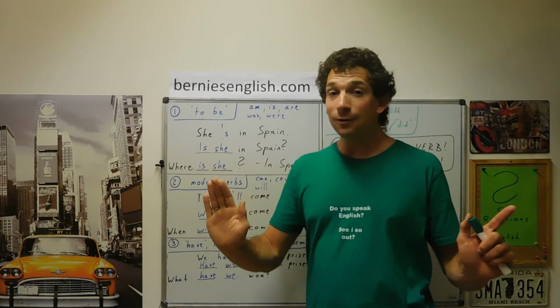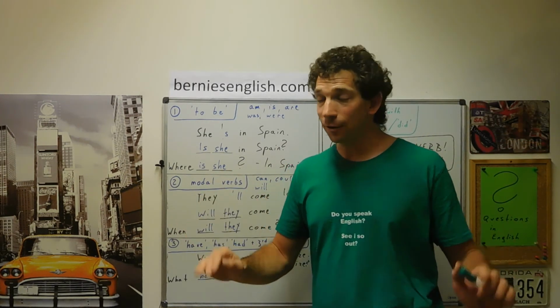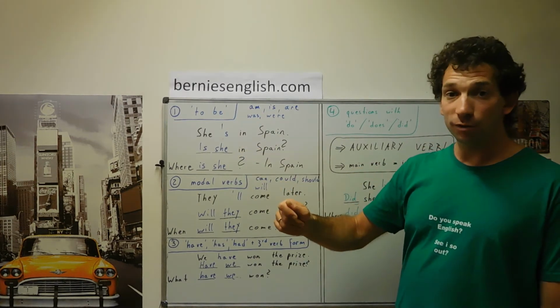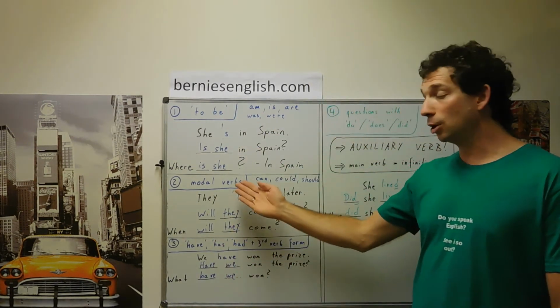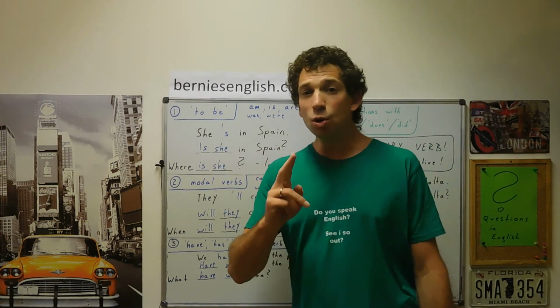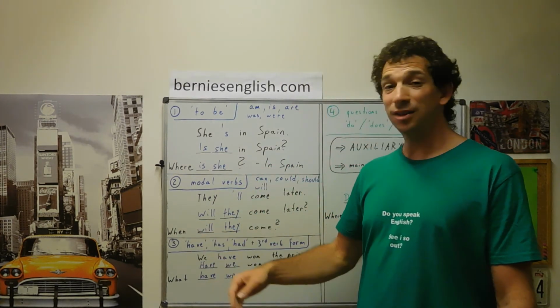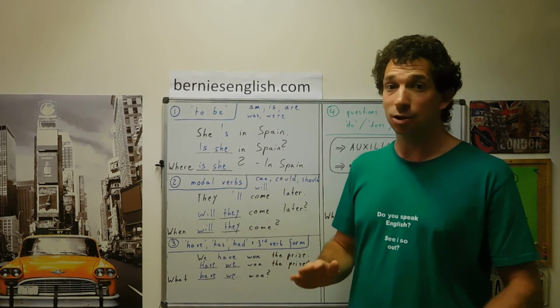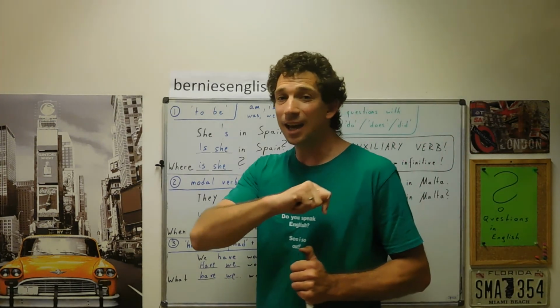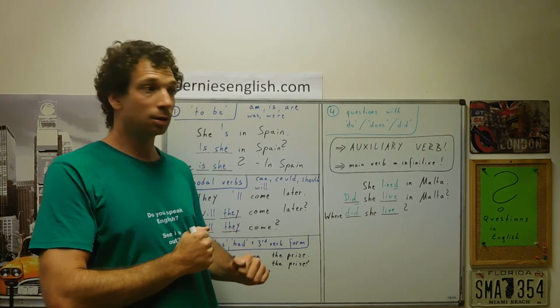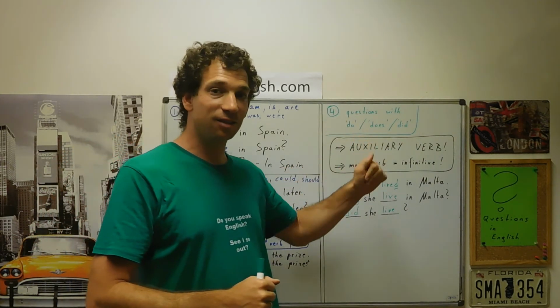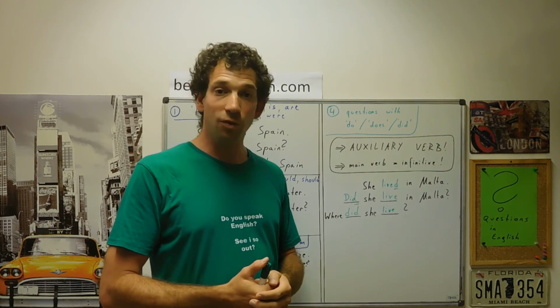And only if you do not have a form of to be, if you do not have a modal verb, and if you do not have the present perfect or the past perfect in your question, only then you must use do, does, or did to form your question.